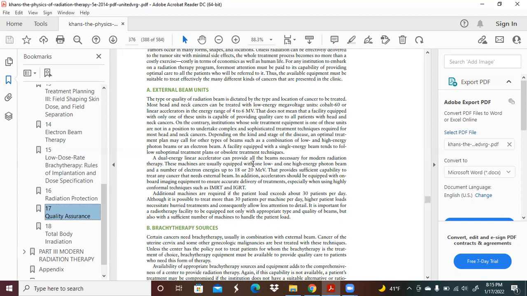And so you'll have a myriad of electron beams, usually starting with a 6, working their way up to about 20. I have never seen a 20 MeV electron beam used in the clinic yet.